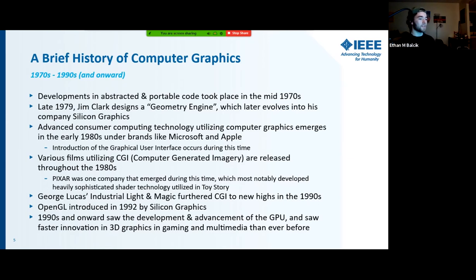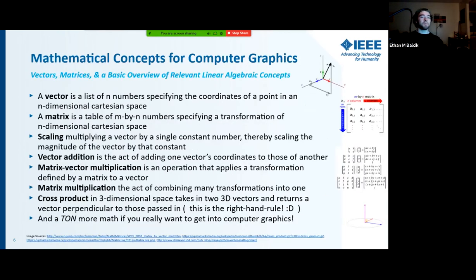The reason the GPU is so huge is not just because of 3D graphics, but also because humans are visual creatures, and they like to see things. So the GPU has since become the main player in computer graphics, alongside abstraction as well. So that about cuts it for the history of computer graphics.